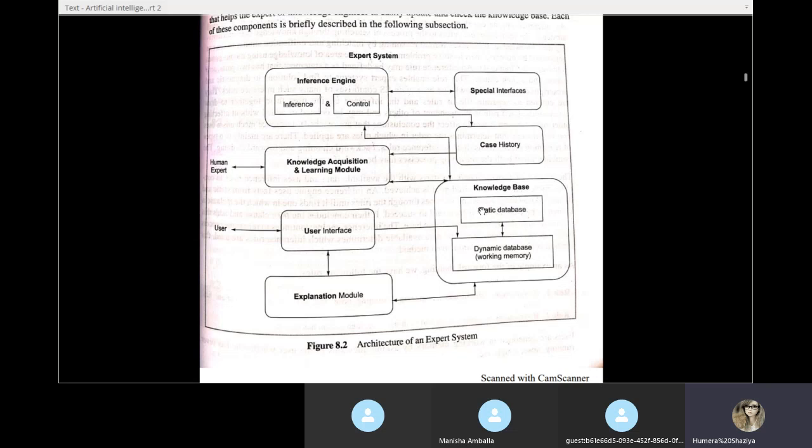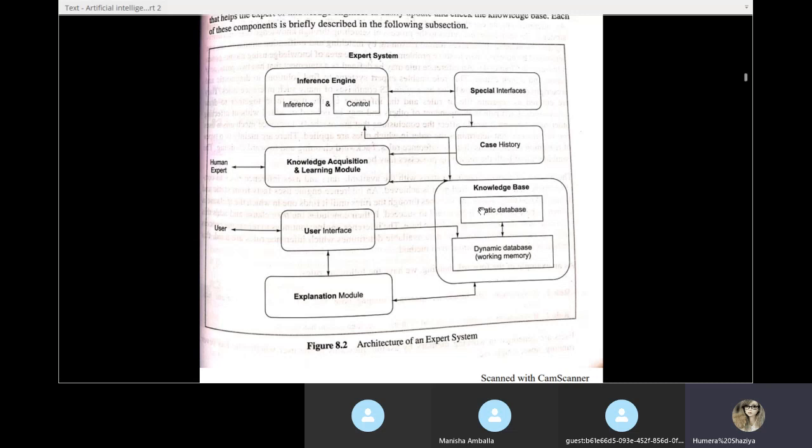And case specific data includes both the data provided by the user and the partial conclusions along with certainty measures based on this data. So the user also provides some data and some conclusions are derived, they may be partial, so that together is nothing but the case specific data, which is case history.